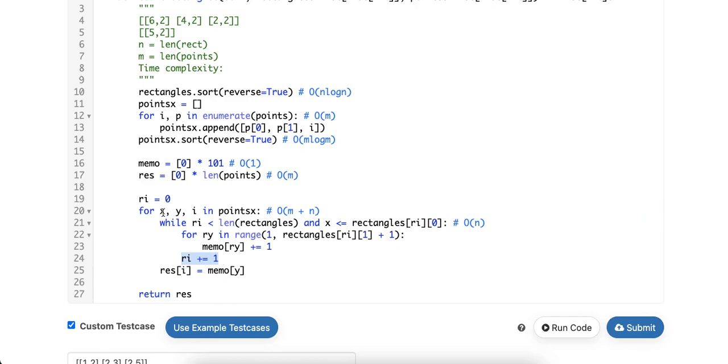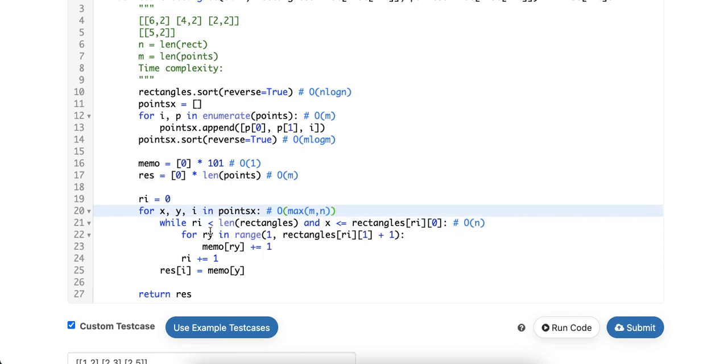So each point will never test the same rectangle. So in total, for each point, it's only going to test the n. So it's actually big O of the max of m or n.